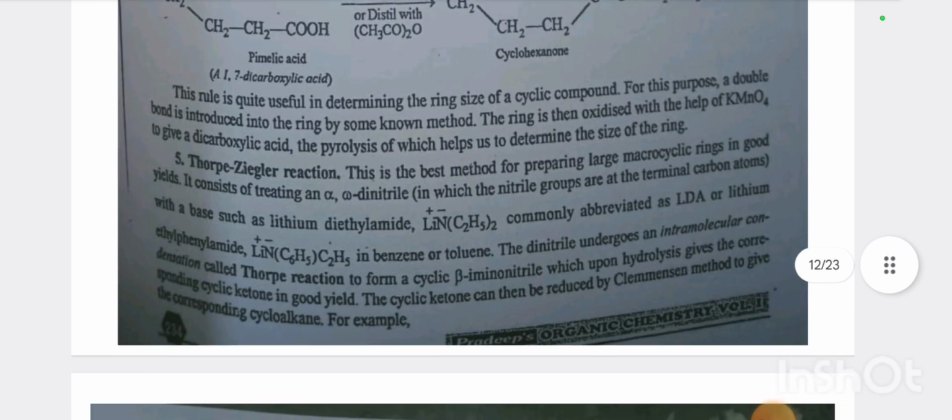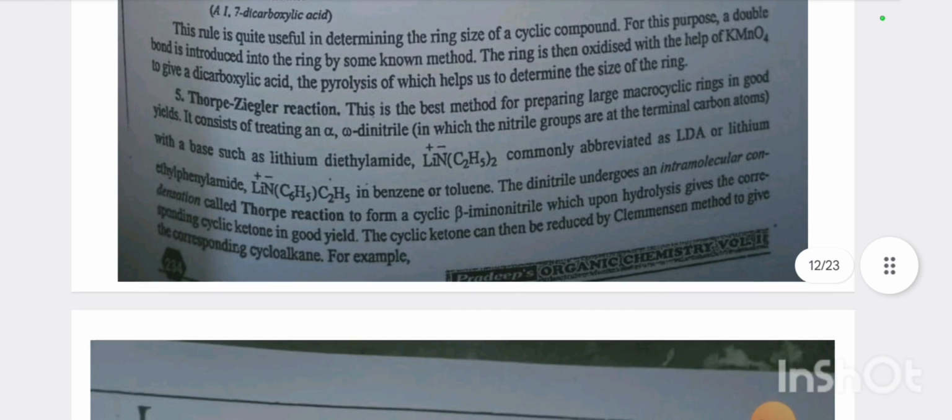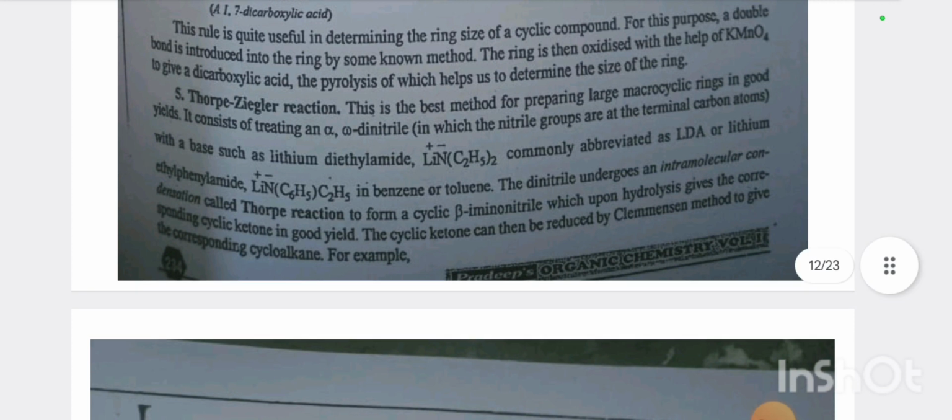This rule is quite useful in determining the ring size of cyclic compounds. For the purpose, a double bond is introduced in the ring by some known method. This ring is then oxidized with the help of KMnO4 to give a dicarboxylic acid, the pyrolysis of which helps to determine the size of the ring.